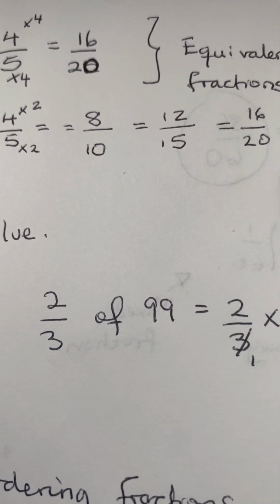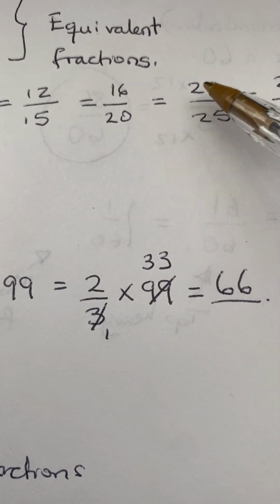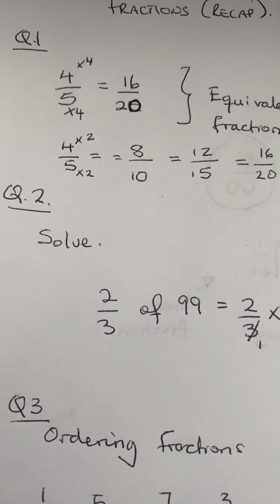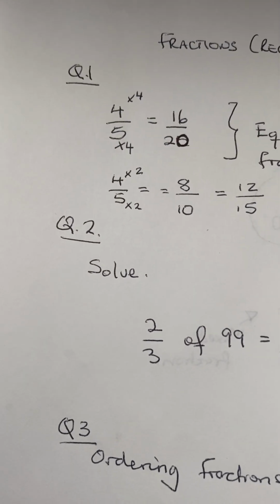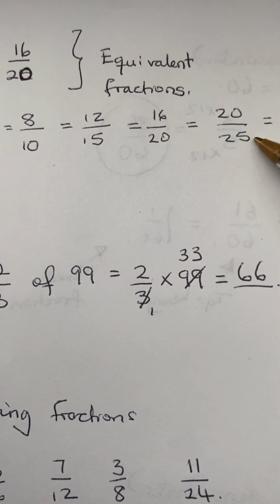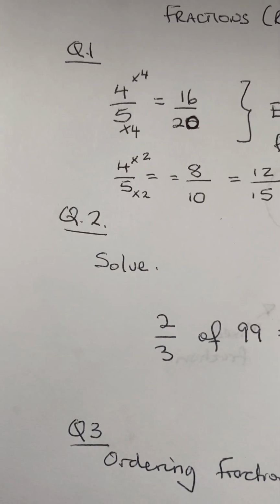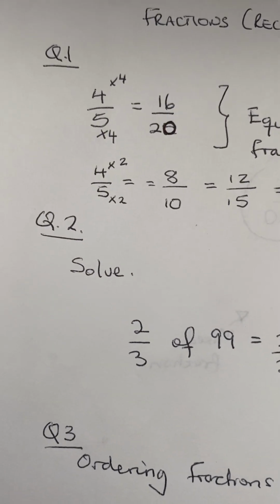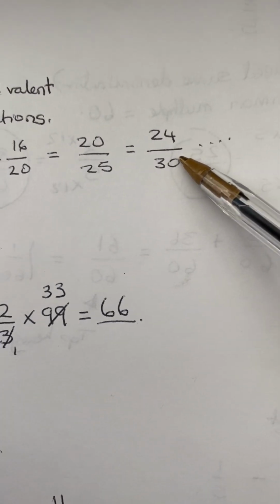We've already done 16/20. Now if we multiply the numerator by 5, 4 times 5 is 20, and 5 times 5 is 25. Then if we multiply by 6, 4 times 6 is 24, and 5 times 6 is 30.